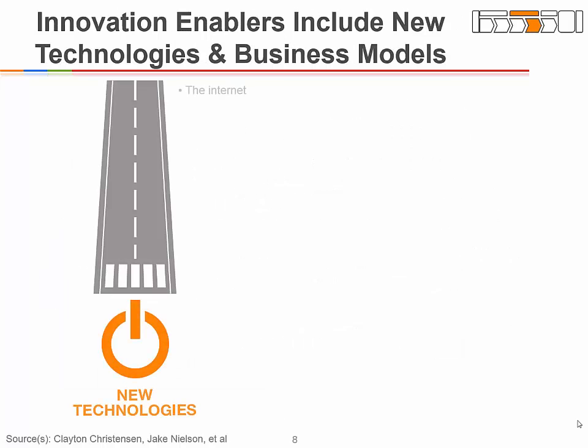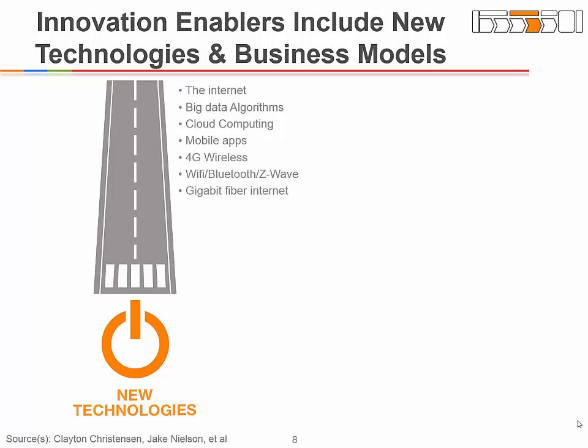And one thing that's really important about disruptive innovation is you tend to need an enabling technology or business model in order to drive that innovation forth into the rest of the market and to add a lot of improvements.